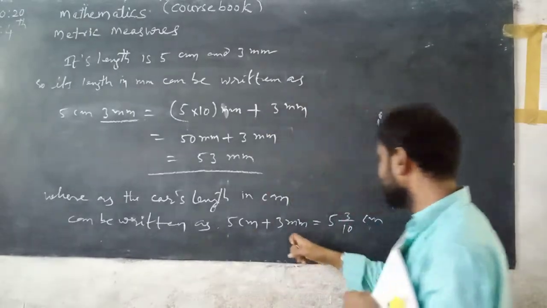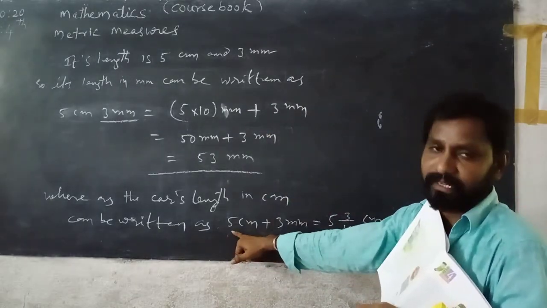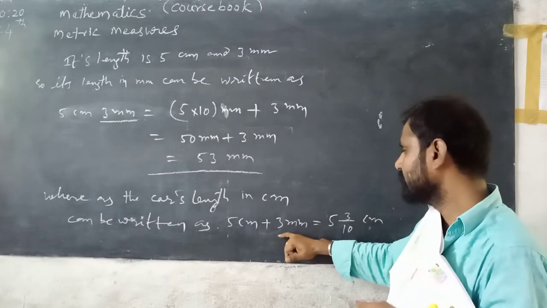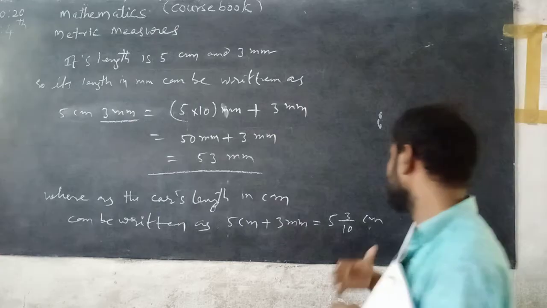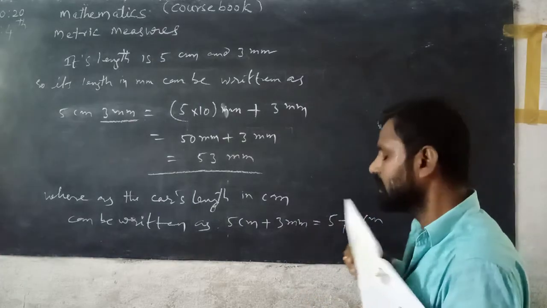So this is 5 centimeters plus 3 millimeter. 3 millimeter can be written as 3 by 10. So total 5 whole 3 by 10 centimeter.